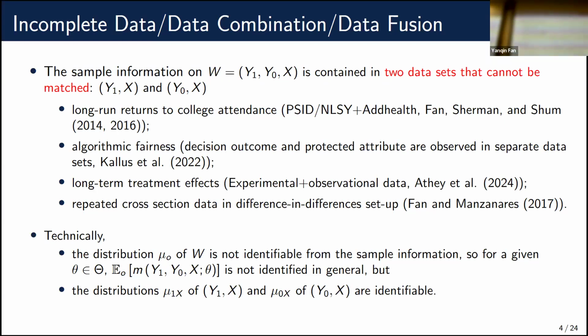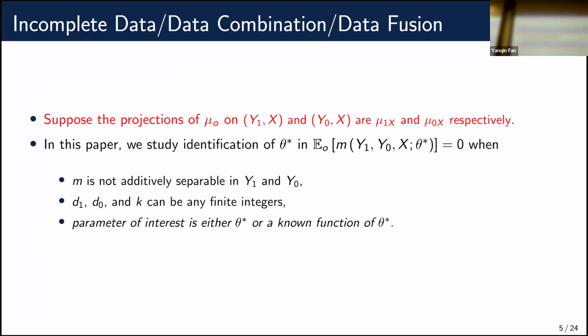Although we are not able to point identify this expectation, in turn the parameter of interest theta star, the sample information we have in fact imposes some restriction on the joint distribution, the true distribution of W. And those restrictions will allow us to partially identify the parameter theta star, although the information is not enough to pin down one specific value of the parameter. So that's what this paper is about.